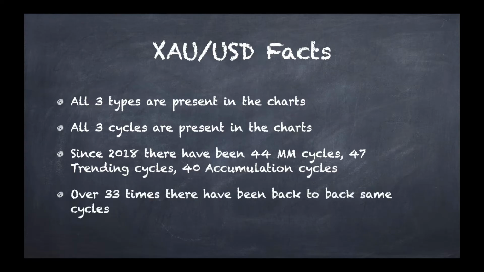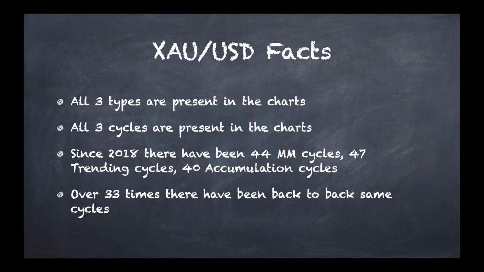Another fact: over 33 times there have been back-to-back cycles that are the same. One thing I've noticed a lot on this pair is that it likes to do back-to-back of the same cycles: back-to-back trending cycles, back-to-back market maker cycles, back-to-back accumulation cycles.